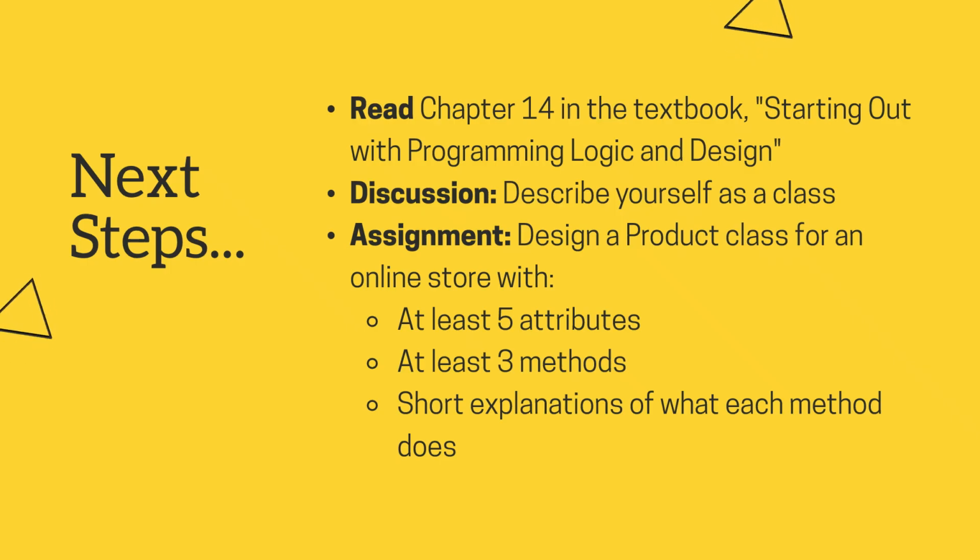What are the things I could describe about myself? What are my methods, the things I do or can be done to me? And then you've got an assignment where you're going to design a product class for an online store, listing at least 5 attributes and 3 methods, and a short explanation of what each method does.